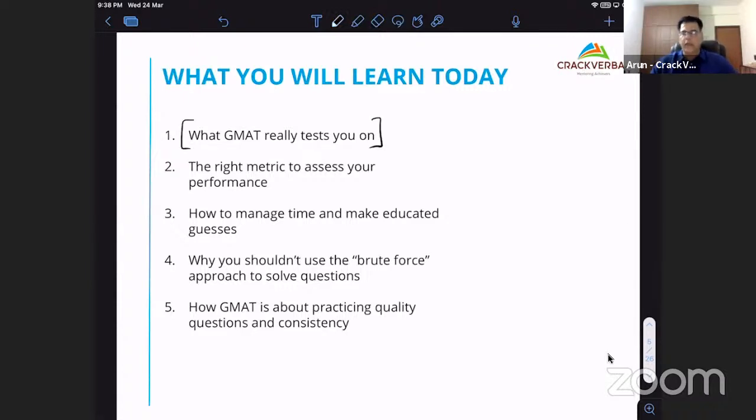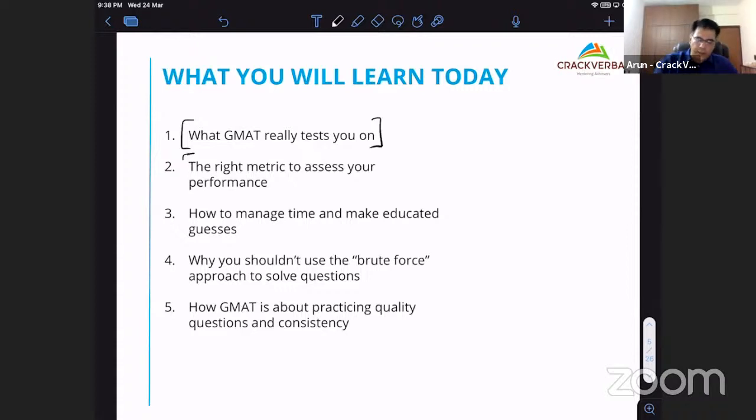Many of you might say, Arun, it tests us on English and maths, right? We know that. Well, you would be surprised to know that GMAT is testing you for very specific skills. And in today's session, my intent is to show how GMAT can set some of these traps for you and how it ends up creating questions.